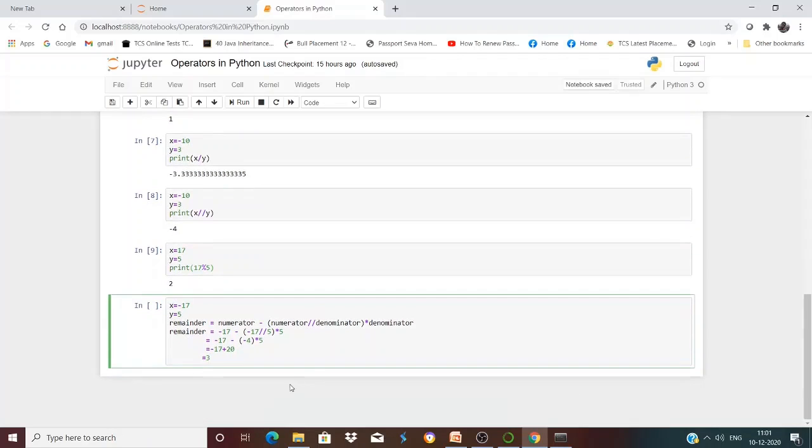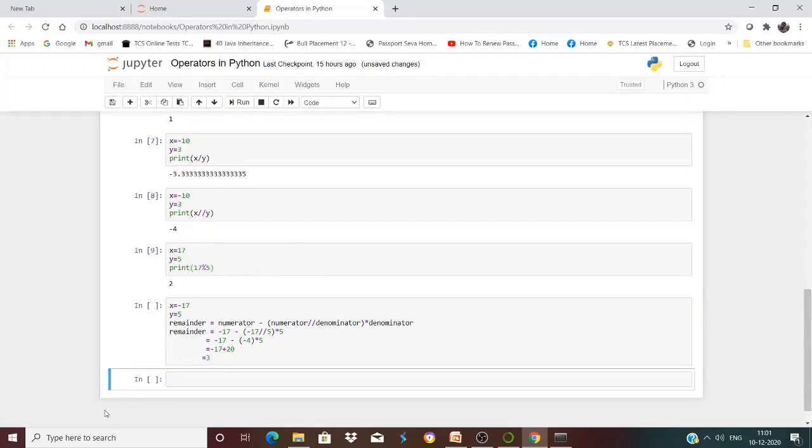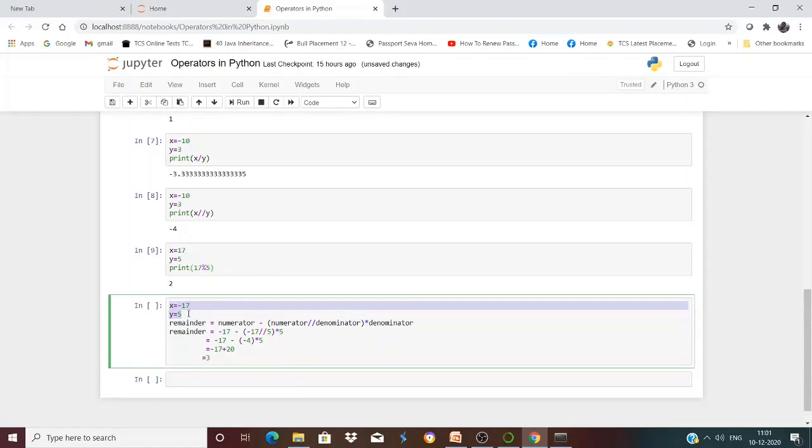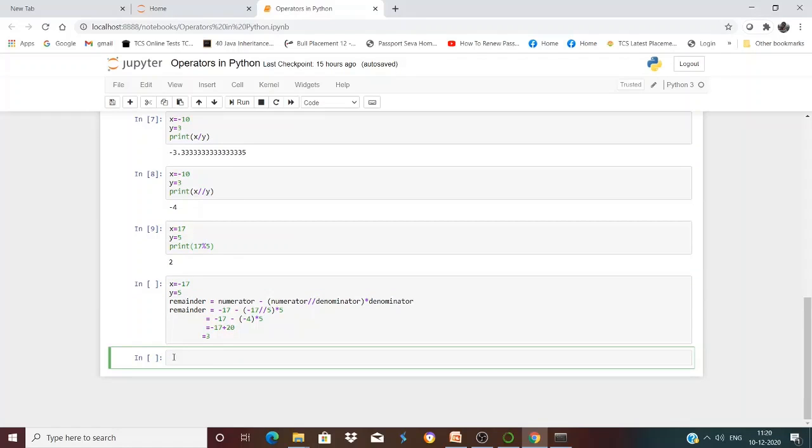So now let's take another cell and let's directly apply the modulus operator on x and y, and let's see whether the actual result matches our derived result or not.